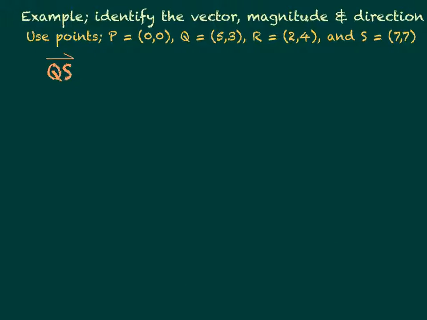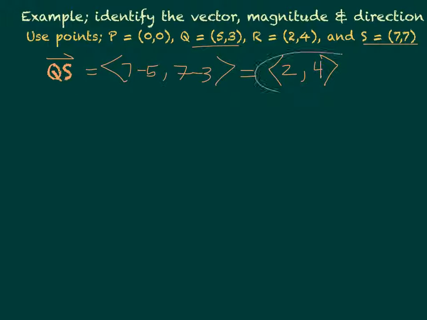Alright, and this next one, QS. So Q is my initial point, S is my terminal point. So we have 7 minus 5, 7 minus 3, which gives me 2, 4. And that is my vector.